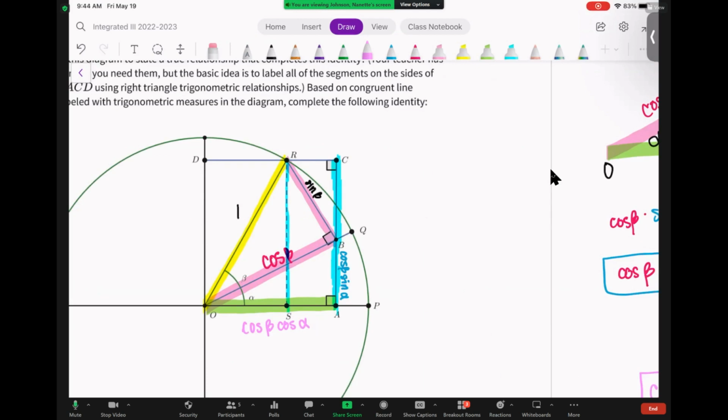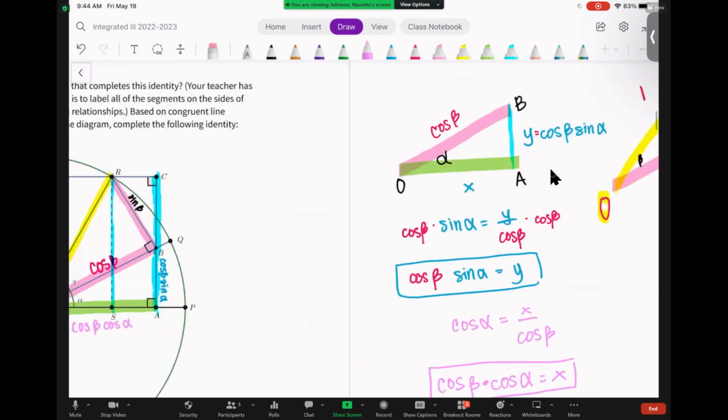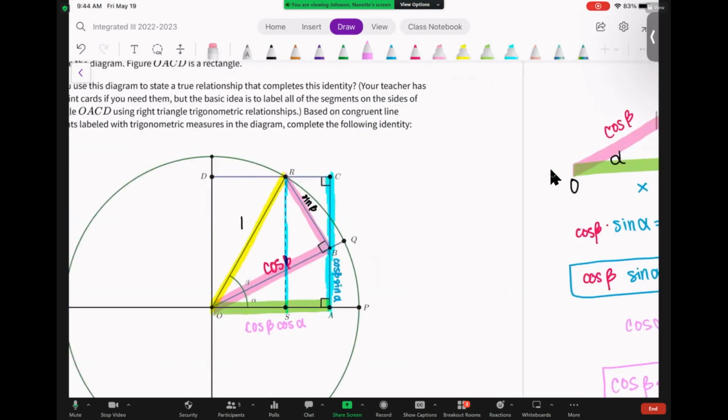So when I find this blue, all I need is this top part here. This is all I'm missing. And I'm going to call him W, I haven't used W. That's all I'm missing. If I find that W part, then I found that whole blue height from R to S, which is the same as C to A. So I'm going to use that top triangle right there, RCB.